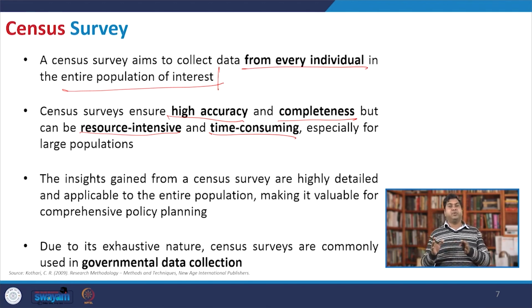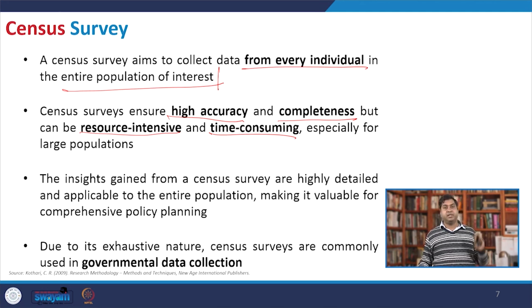If I want to do it for 100 or 500 students, I can still think of it. But if it depends on the population of a particular city, maybe around 20 lakhs, it is not very easy to do. It needs resources and time.